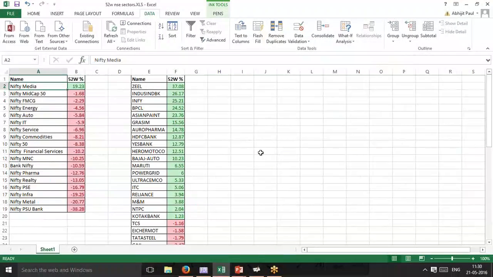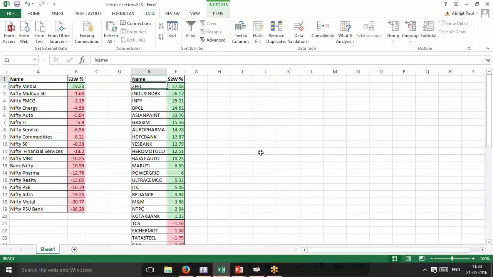I clearly see that it's Nifty Media that is standing out, and most of them are actually not doing that great. After media I have the mid caps and the FMCG, energy, auto, etc. I have Nifty 50 which is lagging here. Mid caps are doing relatively better compared to the index. PSU banks are getting clobbered. Metals are trying to do better, but it's media that's standing out.